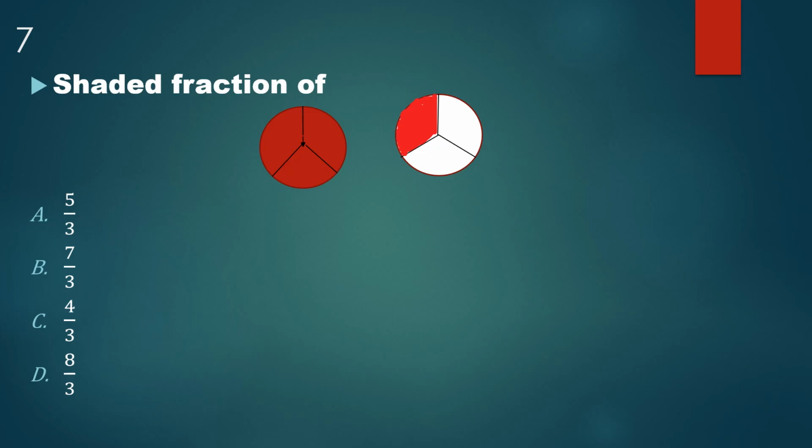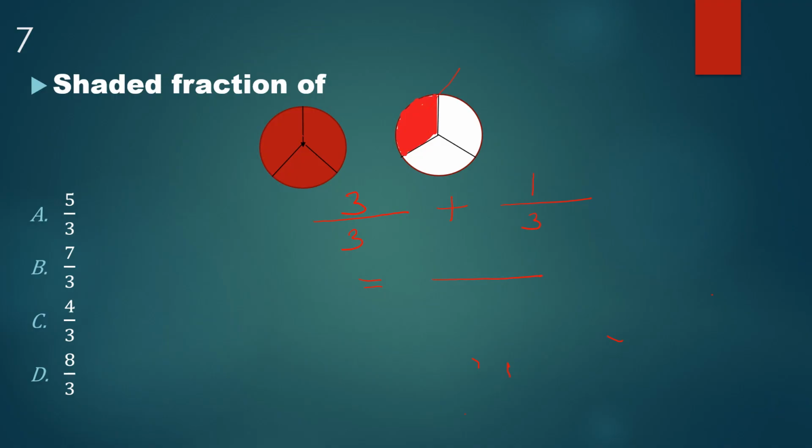Seventh, the shaded fraction of these two we have to find. In this we have 3 equal parts, so we will write 3 in the denominator. How many parts are shaded? 3. So we write 3 in the numerator, plus. In this we again have 3 equal parts, so we write 3 in the denominator, and 1 part is shaded, so we write 1.